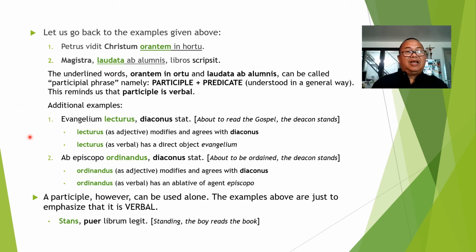Example here: Evangelium lecturus, diaconus stat. About to read the gospel, the deacon stands. So, lecturus is a future active participle, and as an adjective, it modifies diaconus. Lecturus agrees with diaconus in gender, number, and case.